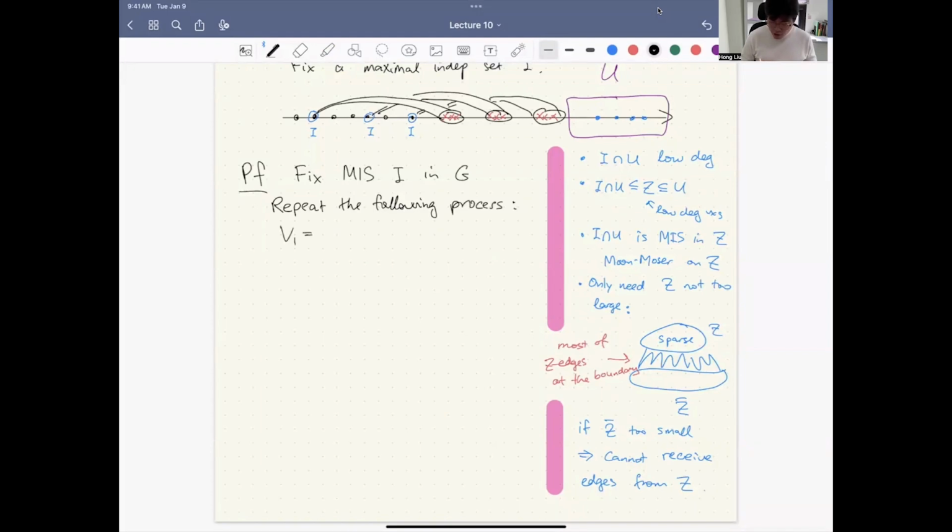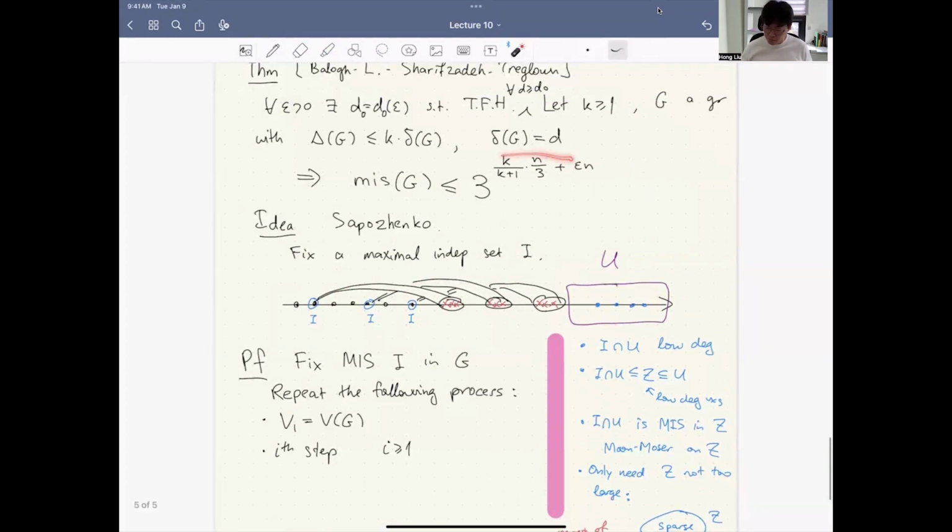Initially, we let V1 be the whole vertex set. And at the i-th step, where i is at least 1, we look at the current set Vi. Is there a vertex in our MIS I that has large degree? By large, we set it to be square root of the minimum degree D.